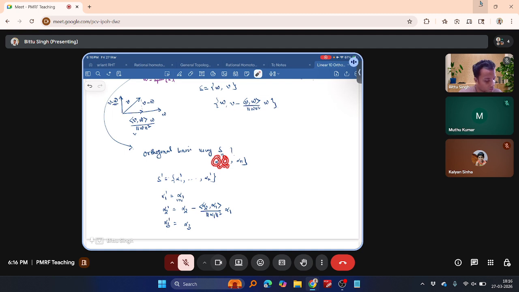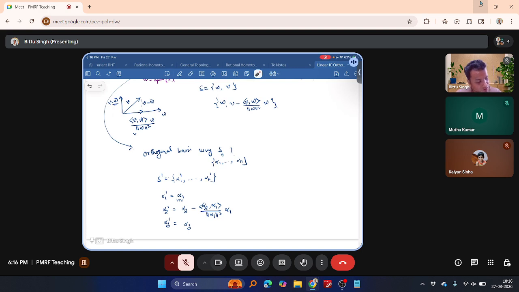We need to subtract the projection from those two, because note that those two vectors span the same subspace as alpha 1 and alpha 2. So we are removing the component of alpha 3 in the subspace generated by alpha 1 comma alpha 2.